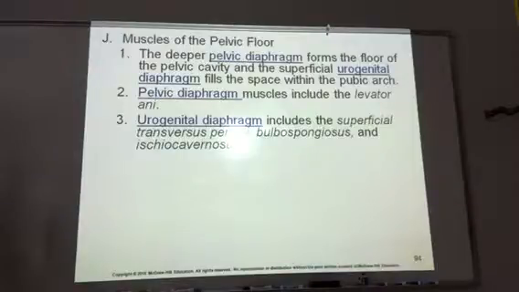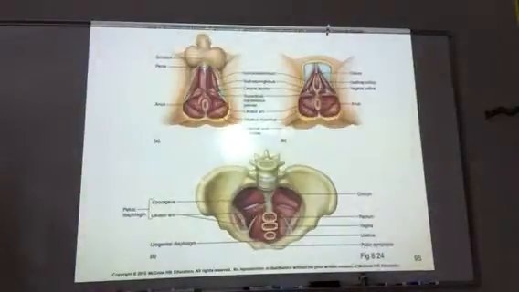Your urogenital diaphragm includes superficial perineum, bulbospongiosus, and ischiocavernosus. Larger terms, these are present in males and females both. Obviously they function a little bit differently.